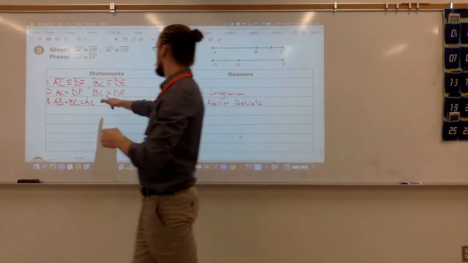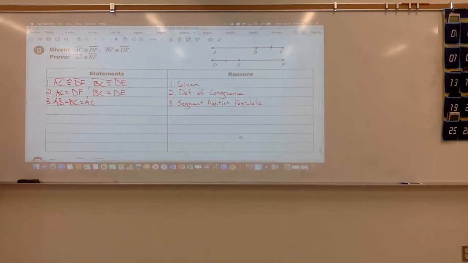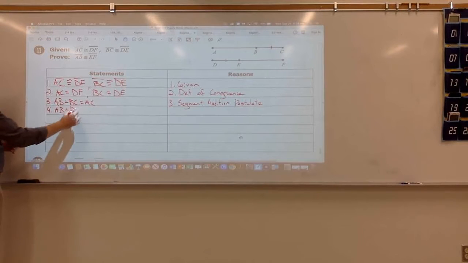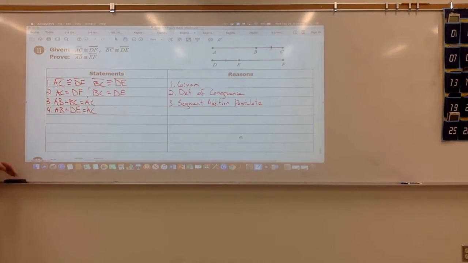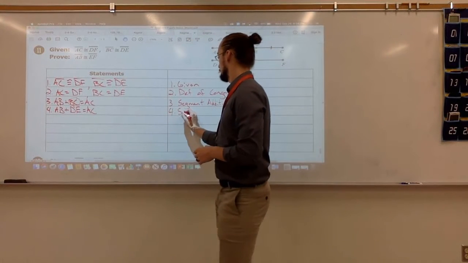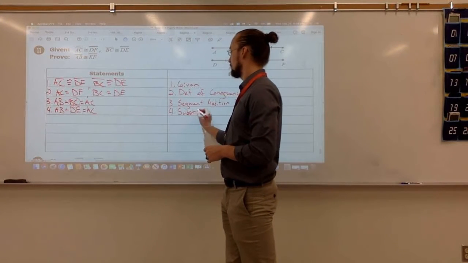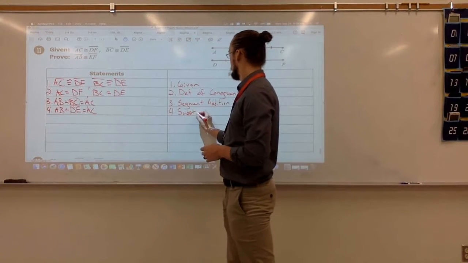Okay, so you're substituting DE in place of BC right here? Sure, let's try that and see where it gets us. So AB plus DE equals AC. So we just substituted that in place of that. That one would have to be substitution, yeah.